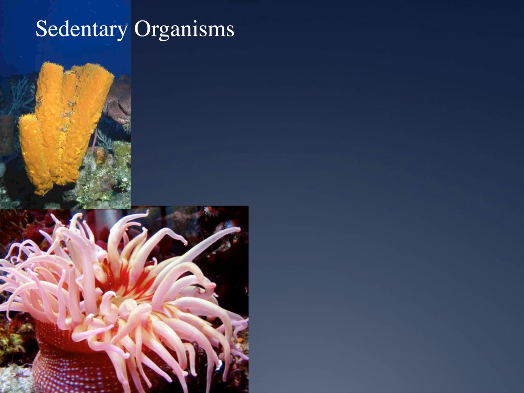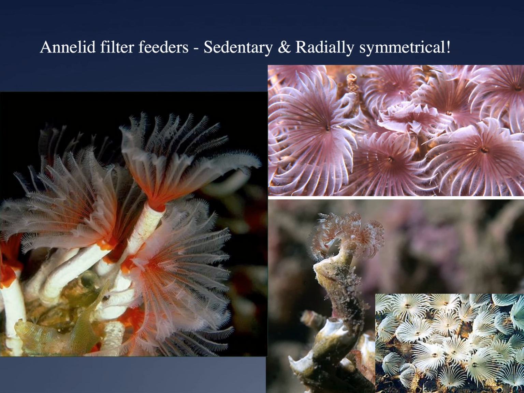First of all, we'd already looked at some of the earliest phyla, the Porifera and the Cnidarians, and we understood that for the most part these organisms stay still. They stay in one place. We also saw that with the annelids, in which we had some filter feeders that remained attached.